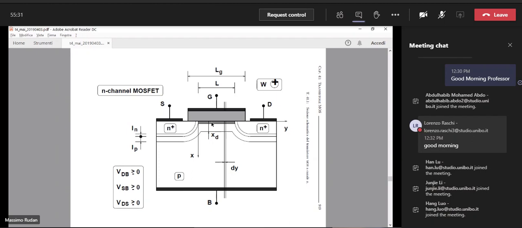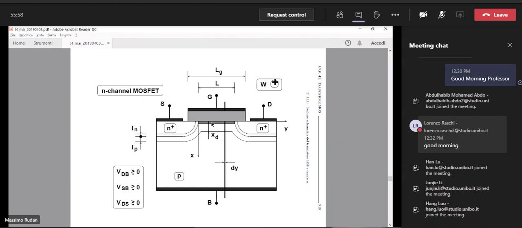But how is the amount of electrons in the channel established? It depends on the value of the gate voltage. If the gate voltage becomes more positive, we attract more electrons in the channel, so the channel will be less resistive, and we have a larger current, and vice versa.